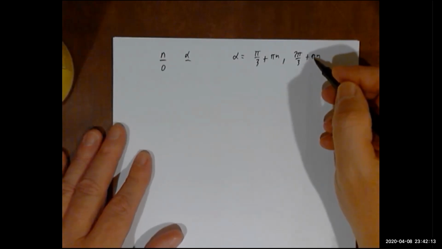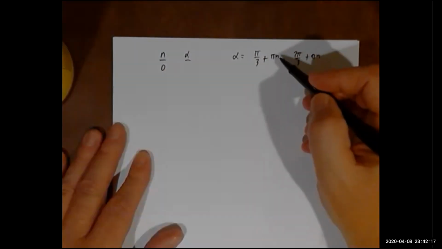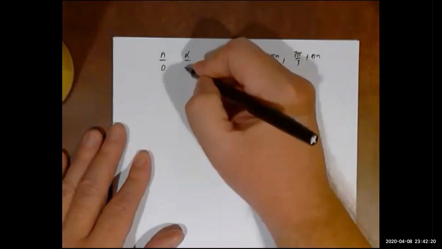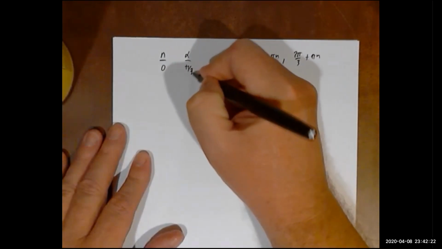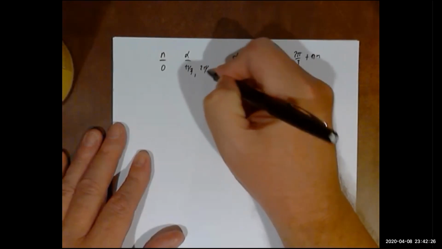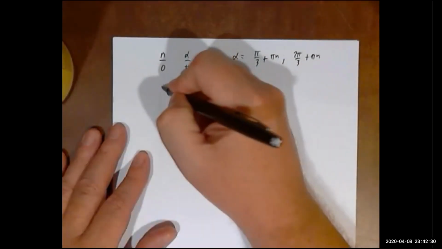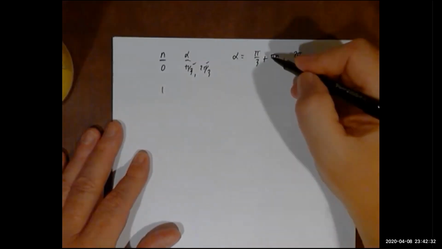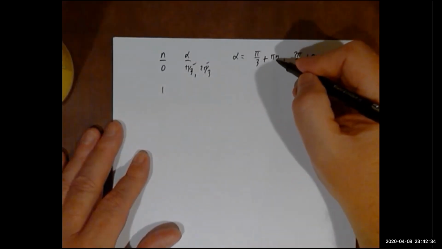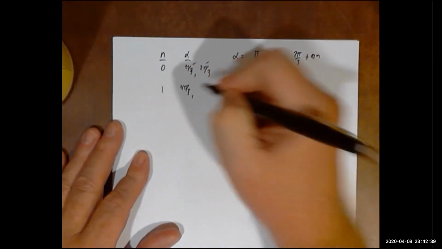So I'm looking to see if that's what this gives me. The only way I can know for sure is to start stepping through my values of n. So when n is 0, I plug in 0 here, and you get pi over 3. When you plug in 0 here, you get 2 pi over 3. So those are both solutions. What happens when n is 1? Pi over 3 plus pi, if you do the math, is 4 pi over 3.